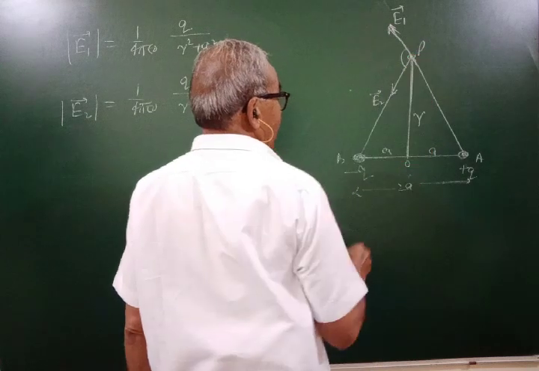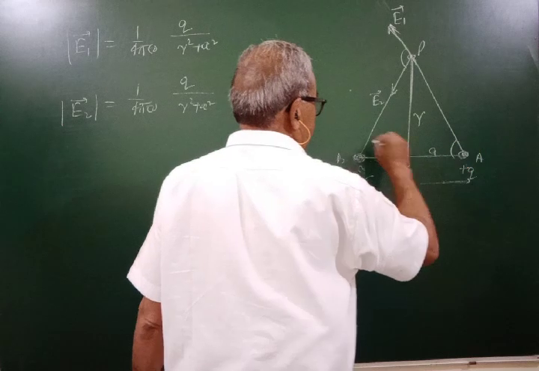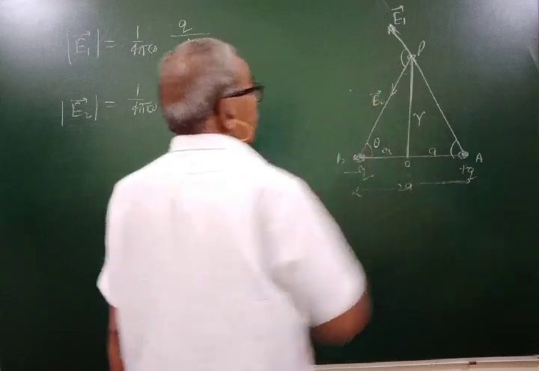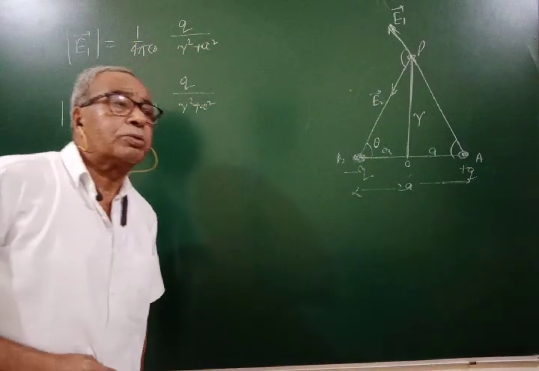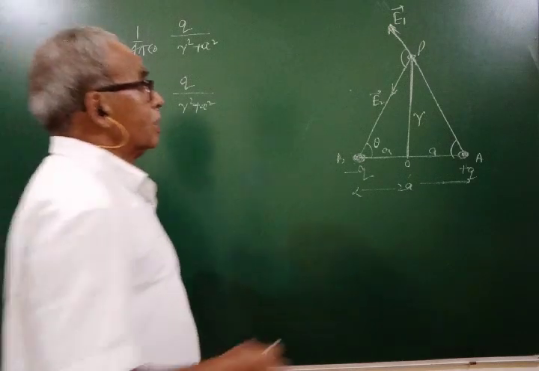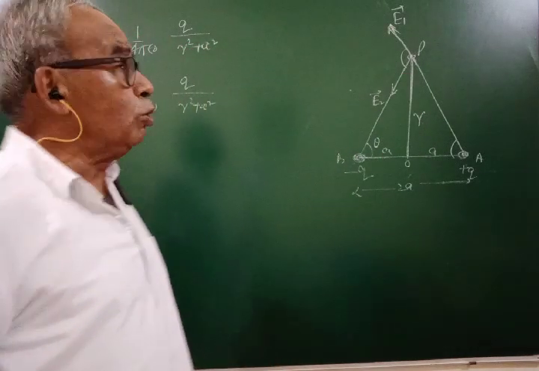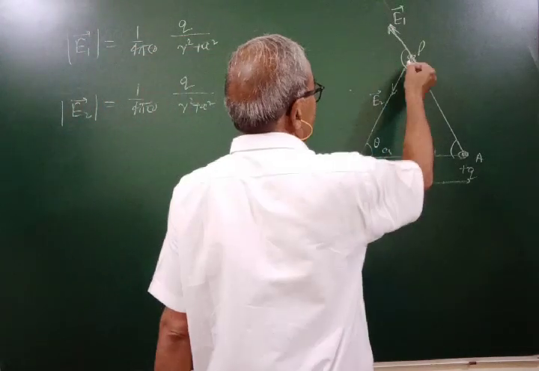Since OP is the right bisector, BP equals AP, so the two angles are equal. Now there is a simple method to find the resultant of two vectors which make the angle theta. The law of parallelogram can be used, but here a simple method is there.